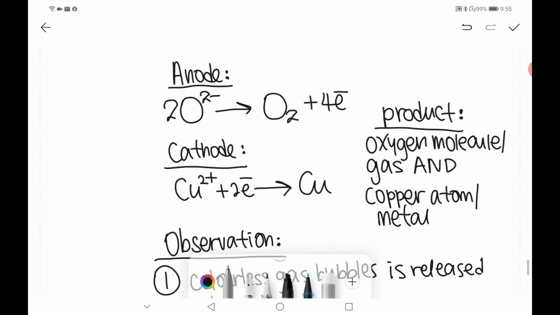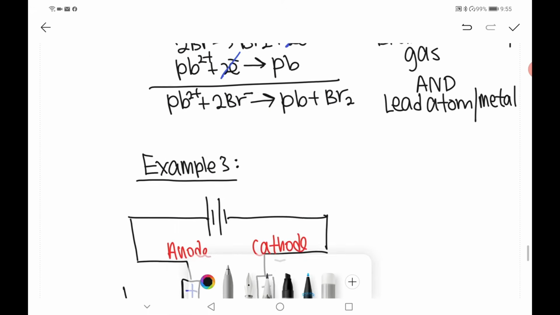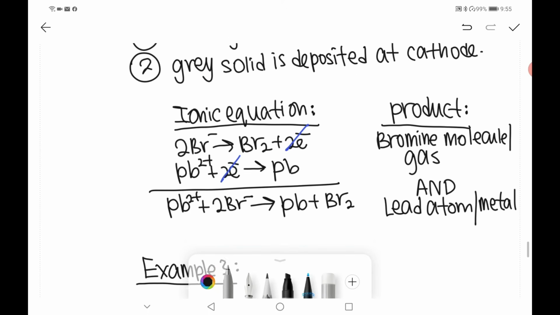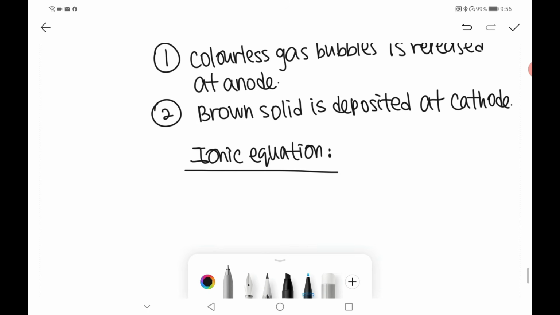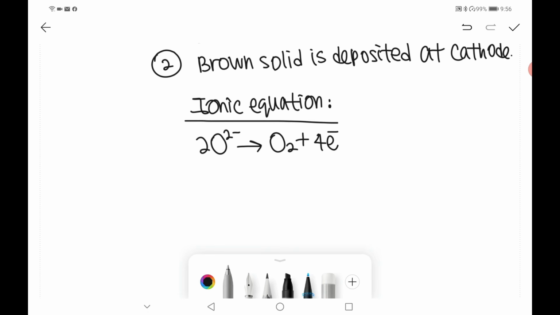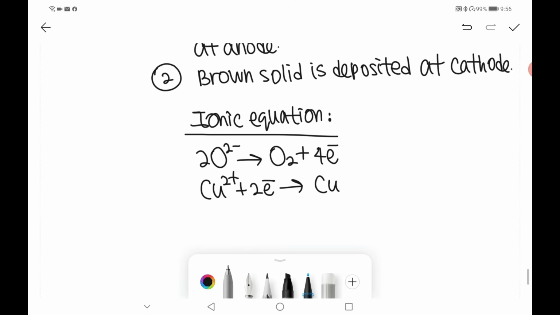Alright. Now the last thing, as usual, we can combine two half equations to get the ionic equation. The first half equation is 2O2- becomes O2 plus 4e. The second half equation is Cu2+ plus 2e becomes Cu. One equation has 4 electrons, another only 2.